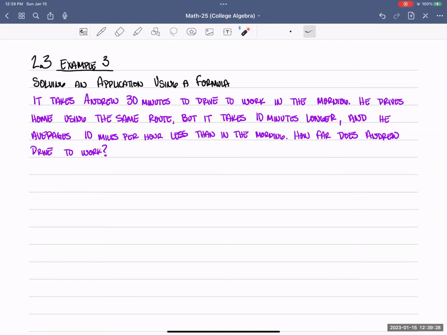So what we have is a time, a rate, which is our miles per hour, and a distance. If you do recall, maybe you've heard it before, we know that distance is our rate times our time. So distance is equal to rate times time.